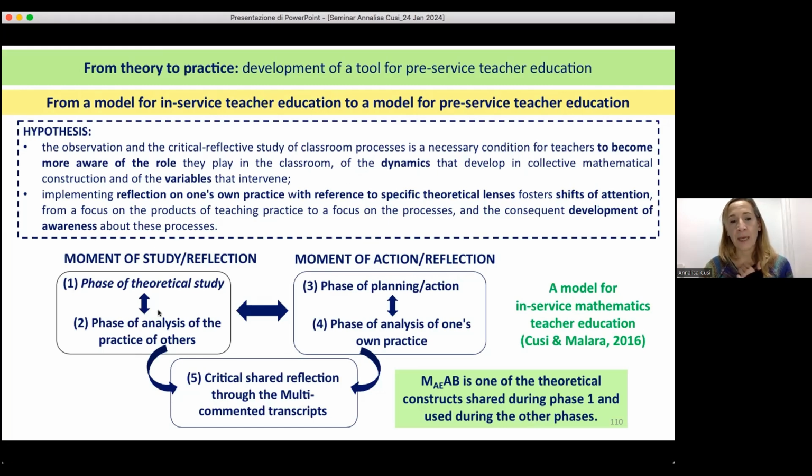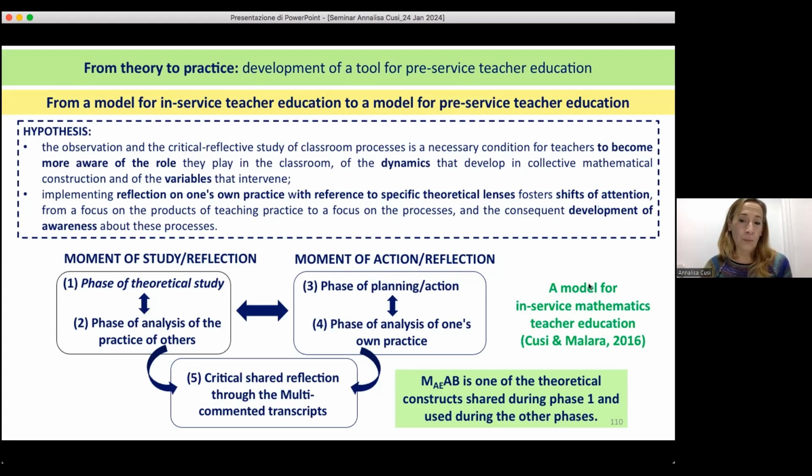The idea behind this model is that the observation and critical reflective study of classroom processes is a necessary condition for teachers to become more aware of different aspects, and that this kind of reflection, and the reflection on one's own practice with reference to specific theoretical lenses, could foster the necessary shifts of attention that enable teachers to develop awareness about their practice.